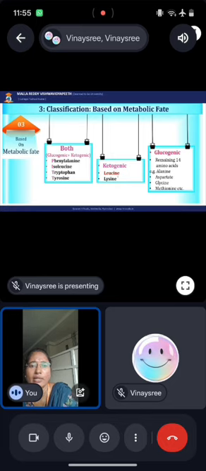Only in the ketogenic pathway, that is the synthesis of ketone bodies, leucine and lysine will be involved, and in the glucogenic pathway the remaining 14 amino acids will be involved, and the examples are alanine, aspartate, glycine, methionine. Okay. Of the 20 amino acids, 14 amino acids will be involved in the glucogenic pathway. These are the examples and the classification based on the metabolic fate.